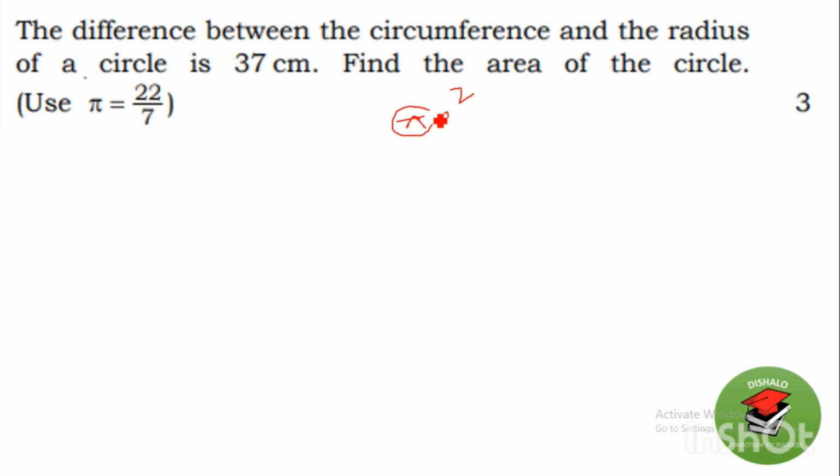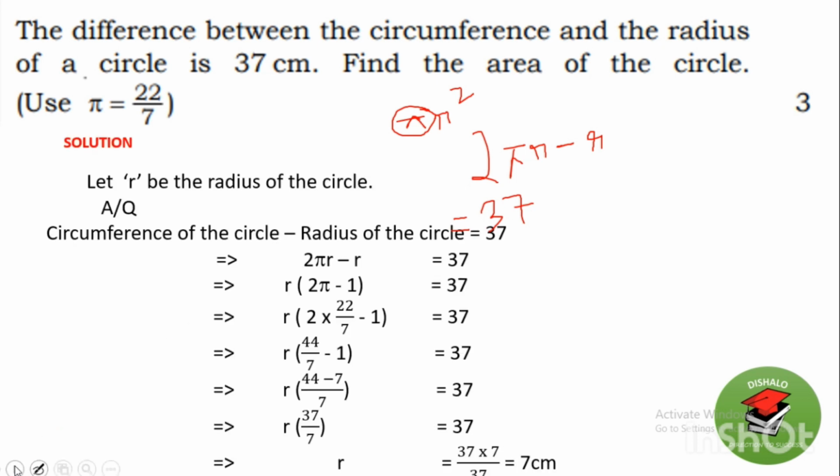So pi value we know, but radius r we don't know. But what we know is that the circumference is 2 pi r. The difference between them, difference means minus, and the radius. So the difference between these two is given as 37. Okay, so let us see the solution.